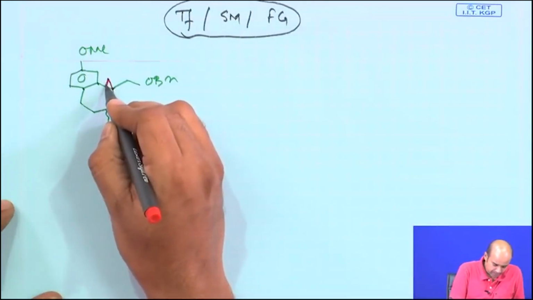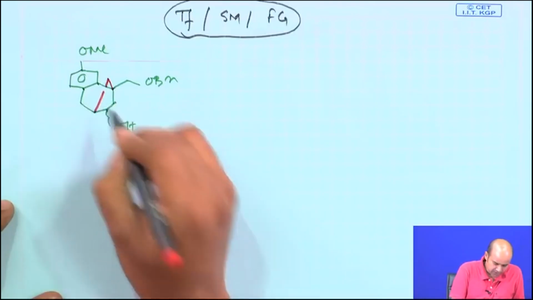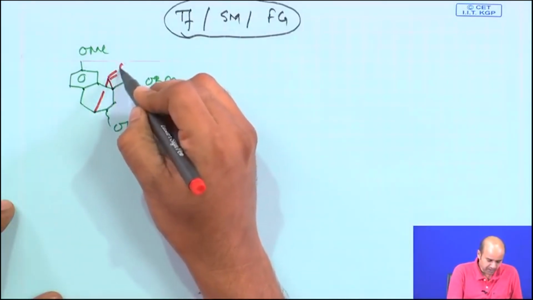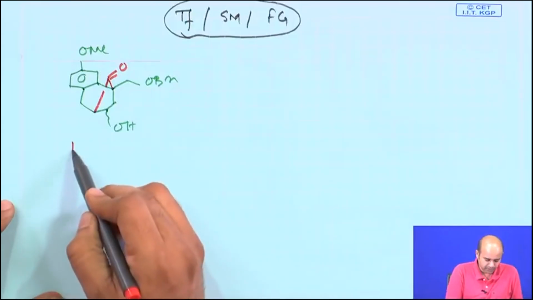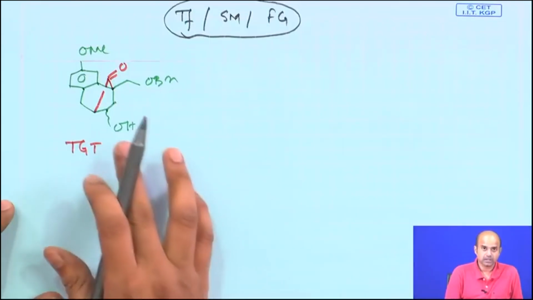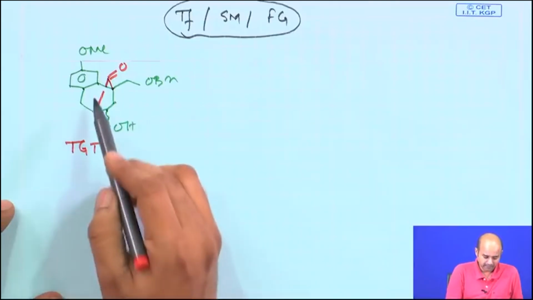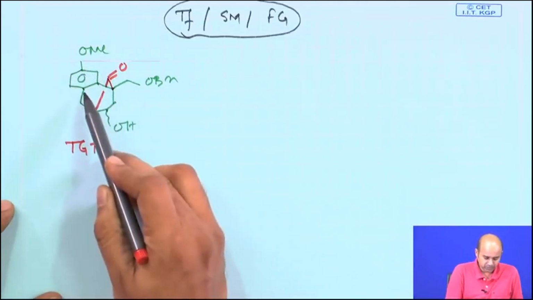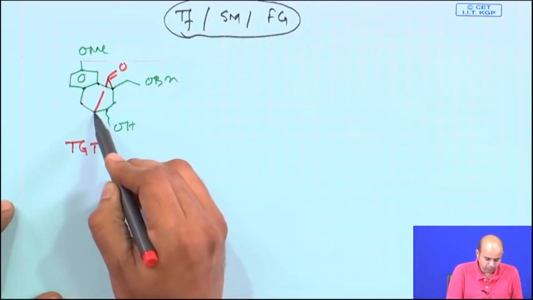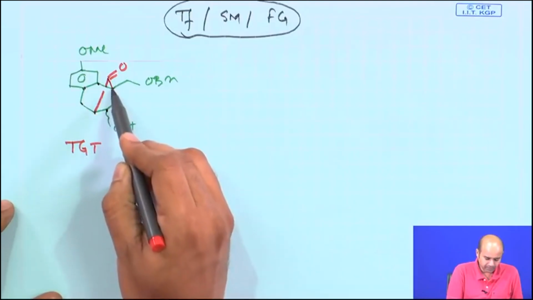You have a bridge structure from here. Now, in reality the structure which was given here is not as simple as it looked. The 6 member ring, then you have a 7 member ring, 1, 2, 3, 4, 5, 6, 7.